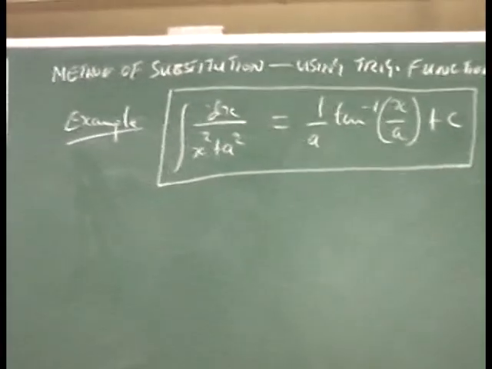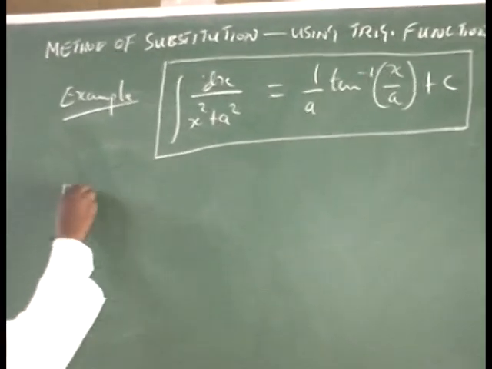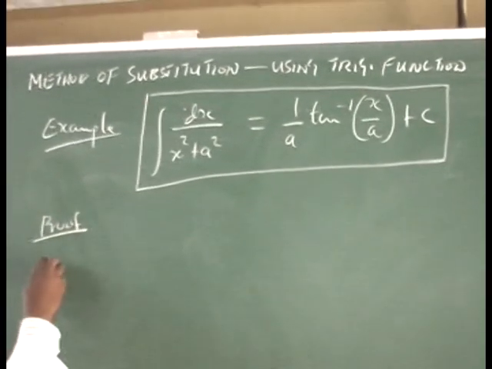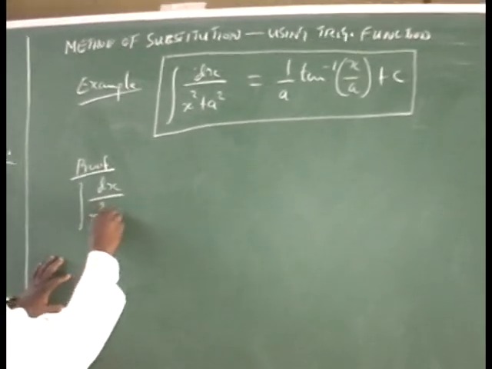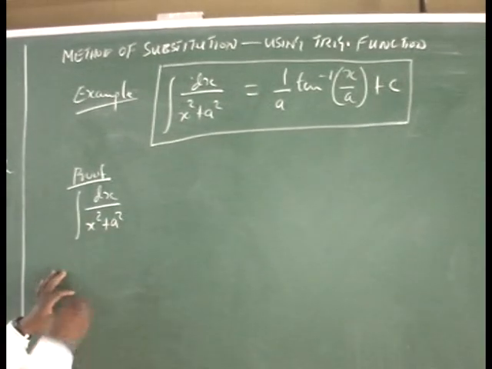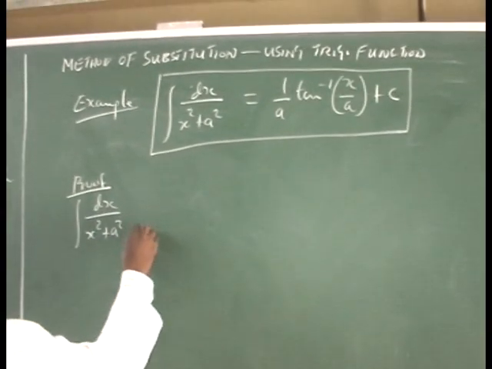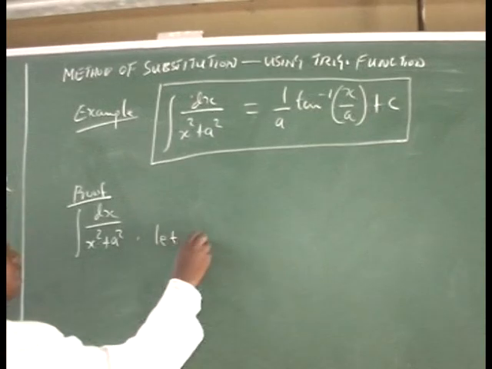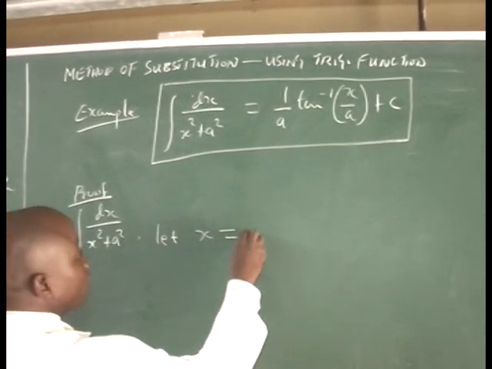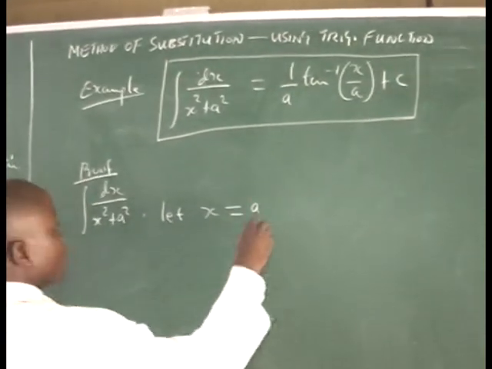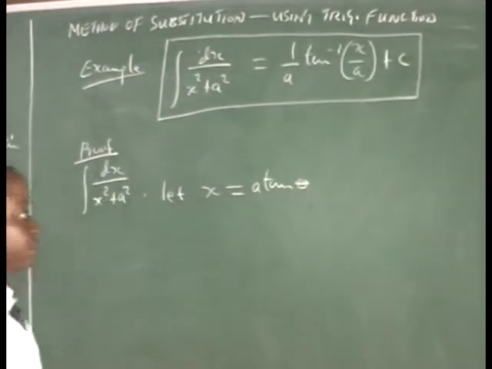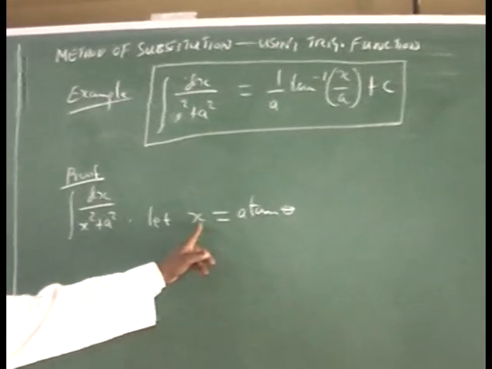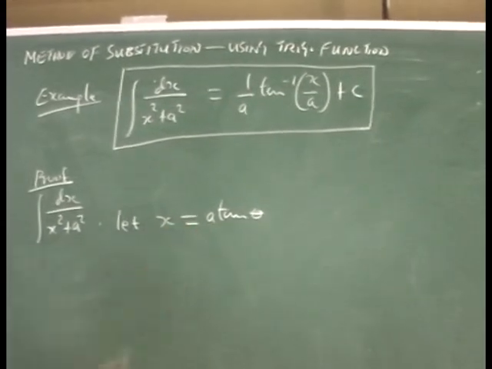But we can show it. Now look at the rule. We have integral dx all over x squared plus a squared. Now I'm going to let x be equal to a tan theta.